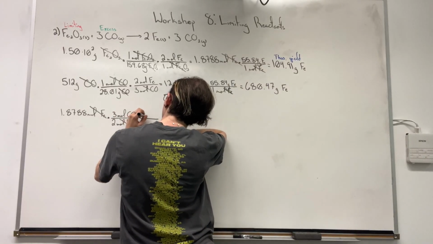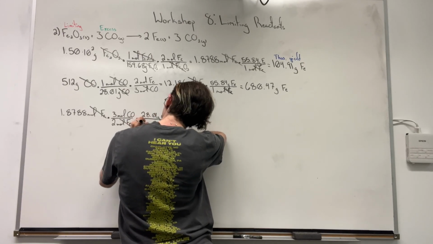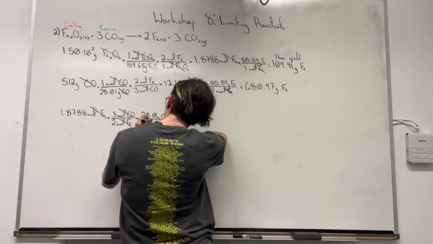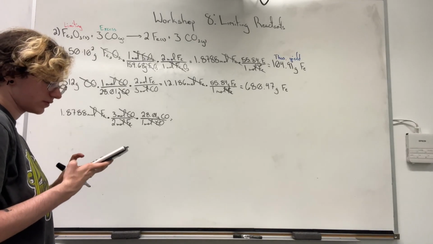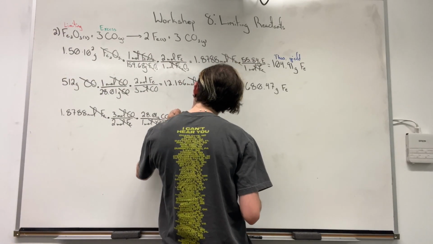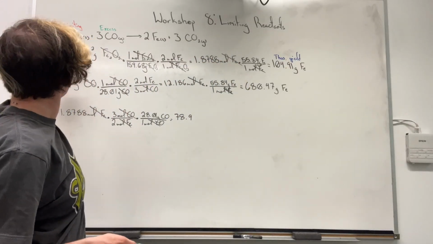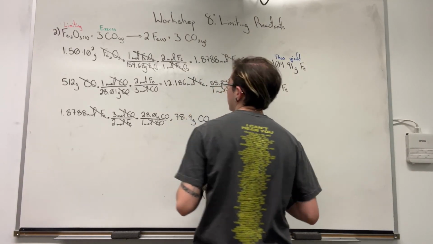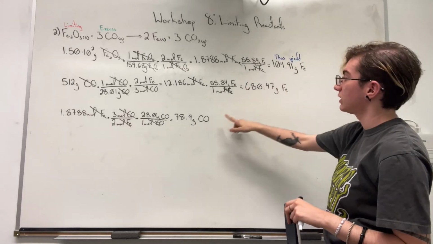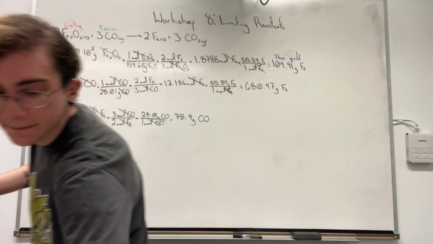Since we are in moles of carbon monoxide, we need to multiply by molar mass to get back into grams. 1.8788 times 3 divided by 2, and then multiplied by its molar mass. And so only 78.9 grams of carbon monoxide are actually needed for our theoretical yield. You only need 78.9 grams of carbon monoxide to make 104.91 grams of iron.